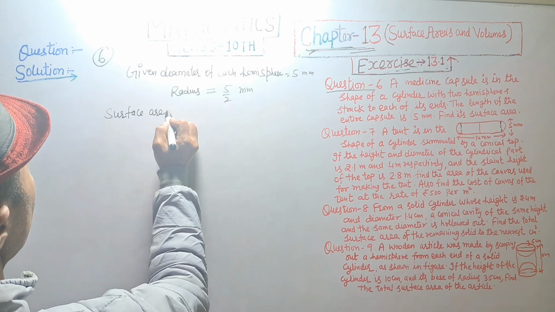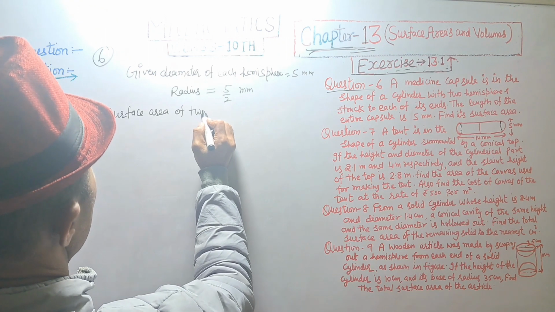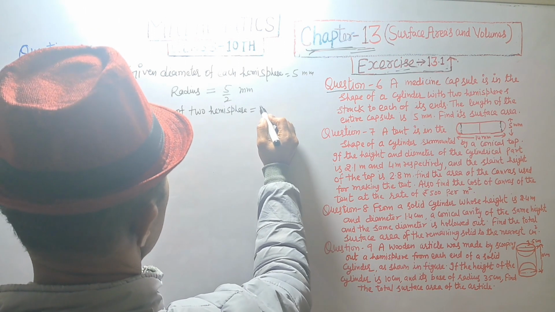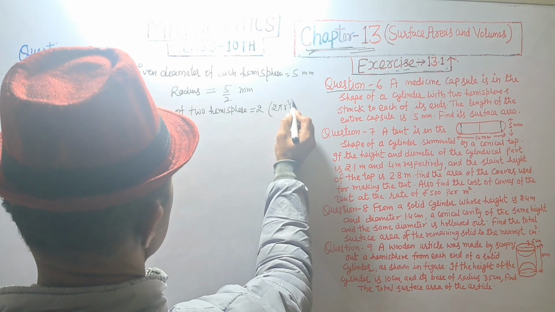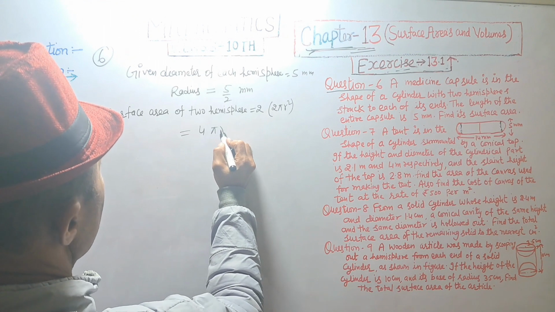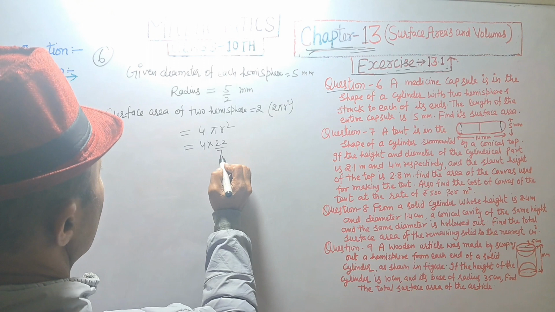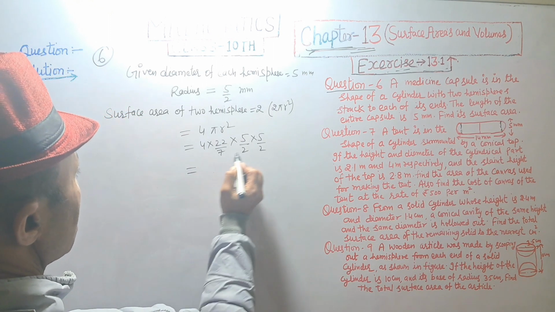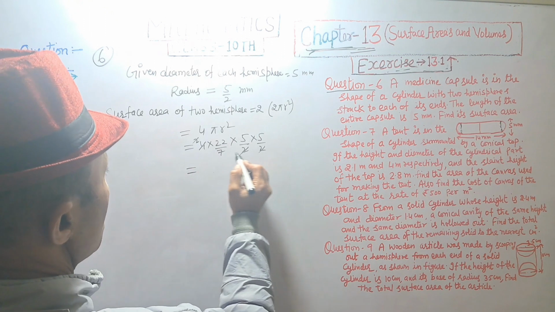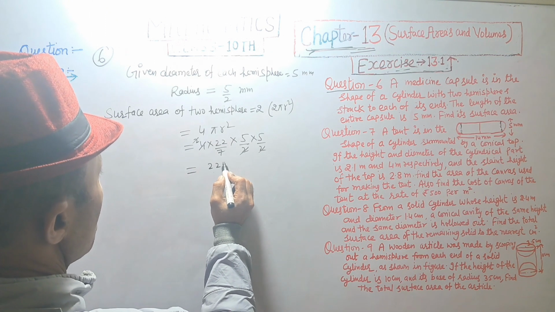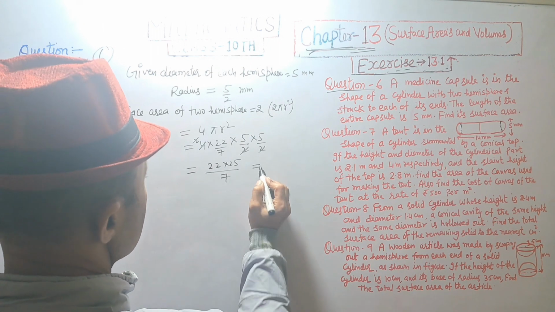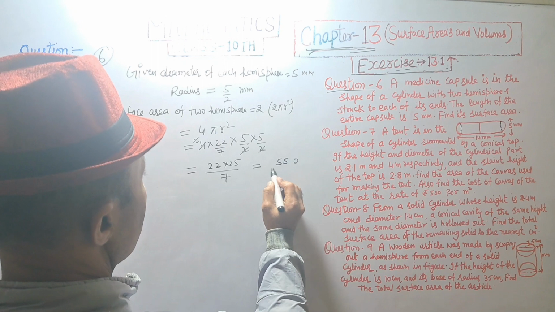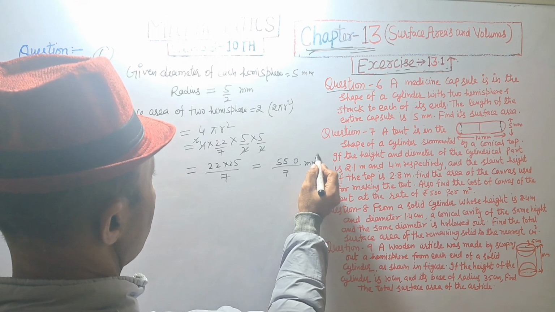Surface area of two hemispheres is equal to 2 into 2 pi r square, that is equal to 4 pi r square. 4 multiplied by pi is 22/7, into radius is 5/2 into 5/2, that is equal to 22 into 25 divided by 7, which is 550/7 millimeter square.